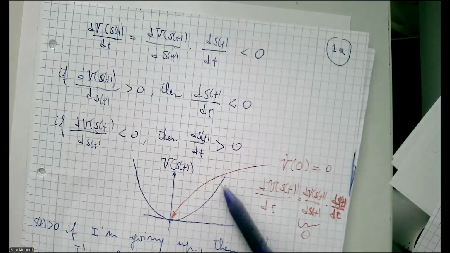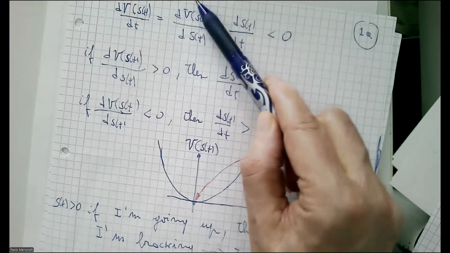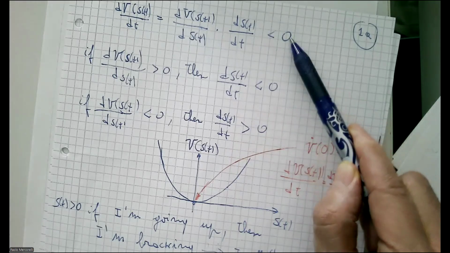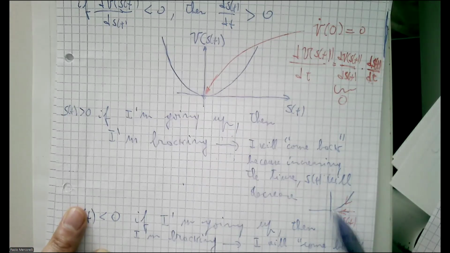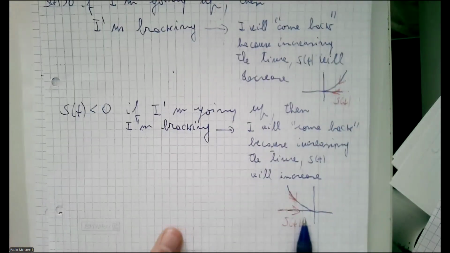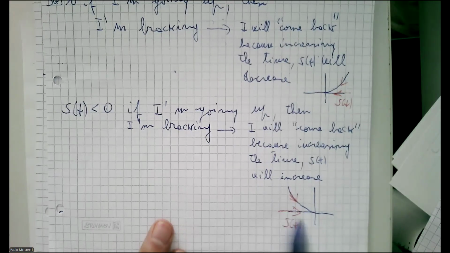If I am in this part here, this derivative is positive, but this is negative because this is less. This means that it is less than zero. This means I am breaking this path. I'm going this direction. The same consideration can be done here. Also here, I am breaking, if I am in this region.